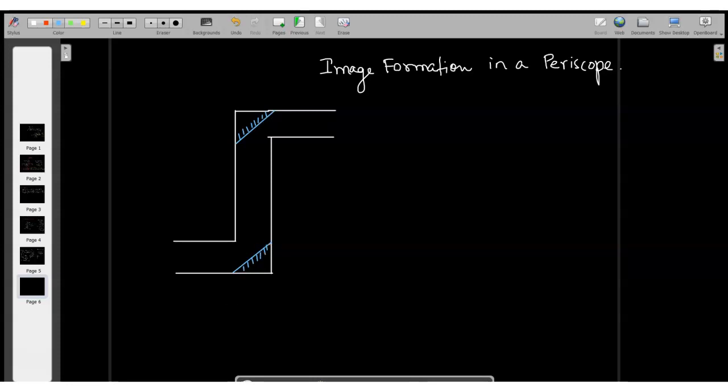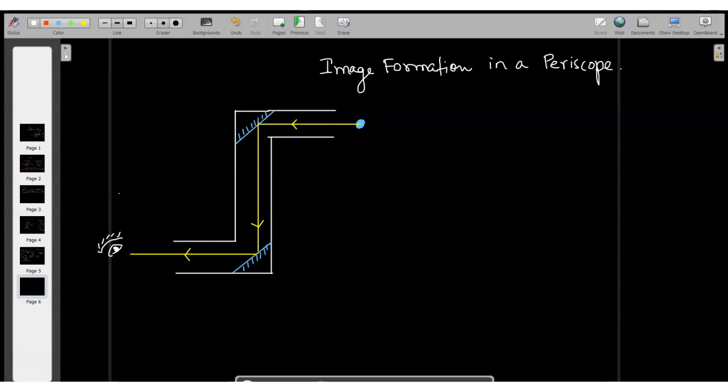Now suppose there is an object over here. Let this be an object. So a light ray is coming from that object and falling on this mirror like this. It is going to get reflected and fall on this mirror. Again, it is going to get reflected and go like this. So if you're sitting here, you can see the image of this object.